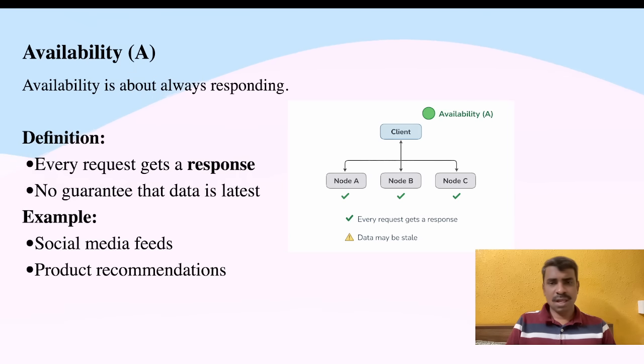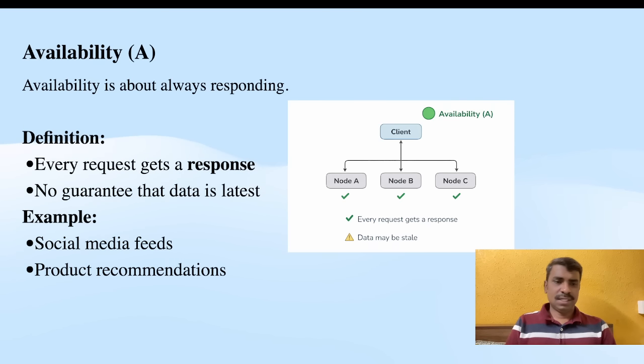So this is availability. With consistency, if it fails, don't give wrong data, just fail. But with availability, it is fine if the data is not latest, it is always available.